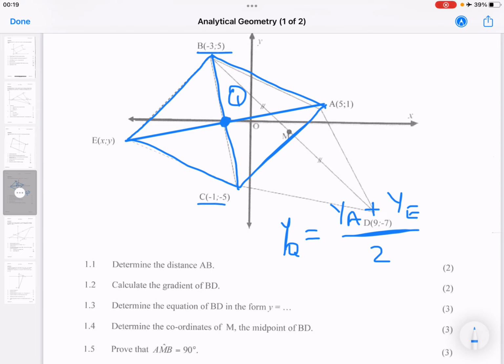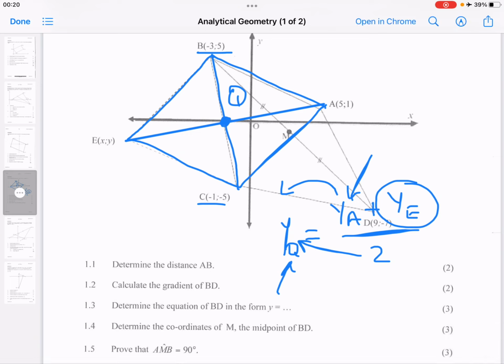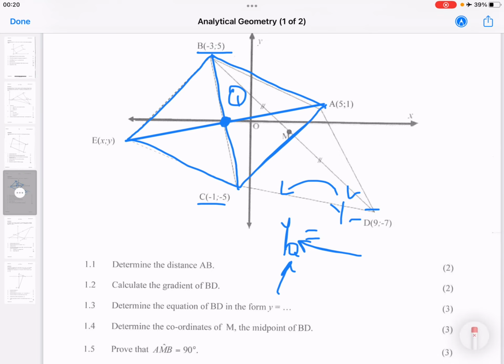Then you substitute the y value there, then you just cross multiply, and then you take this to the other side. That's how you calculate the y value at E. You do the same for the x value, and that's how you score yourself full marks for that question. It looked a bit complicated, but it seems to be an easy question.